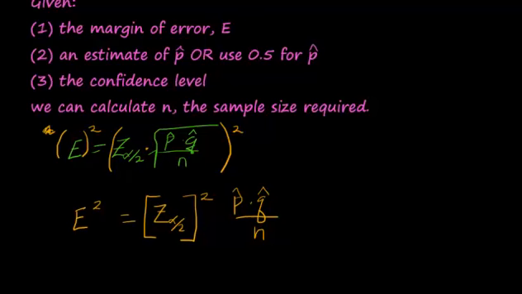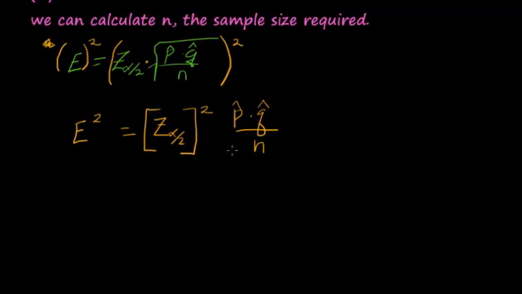Now what I'm hoping to do is get n by itself. And right now it's in the denominator, so I'm going to multiply both sides of this equation by n. This side by n and this side by n. Okay, when I do that over here, I have what?